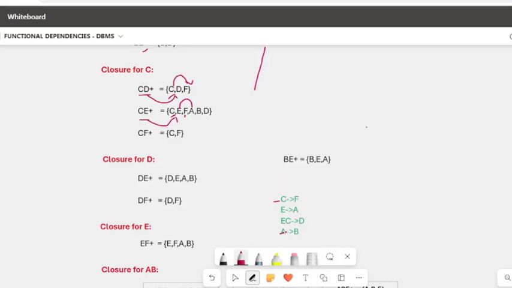Yes, here A determines B. And we check whether A, B, C, E, F determines anything. Yes, one more thing is here, that is EC. Hence the combination of these two, EC, determines D.